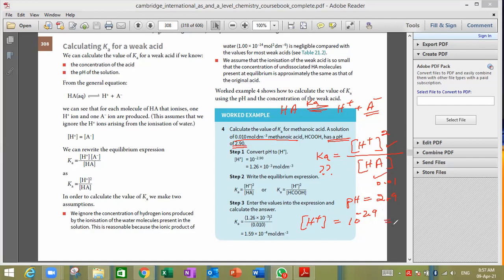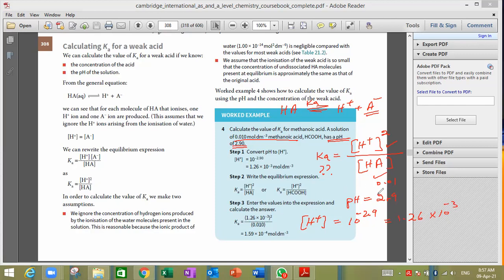So in my calculator, I'm going to write shift log and then put between brackets minus 2.9. This is equal to 1.258 or 1.26 times 10 to the power minus 3. This is the hydrogen ion concentration.